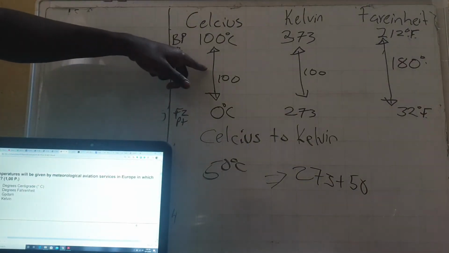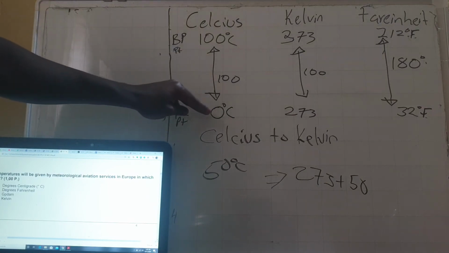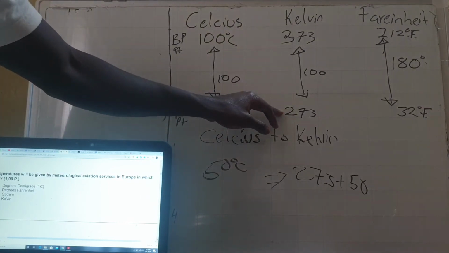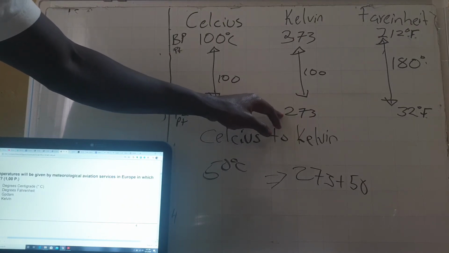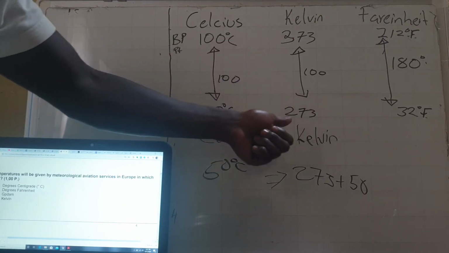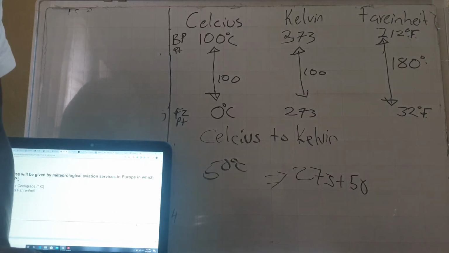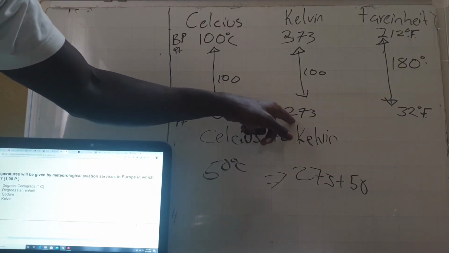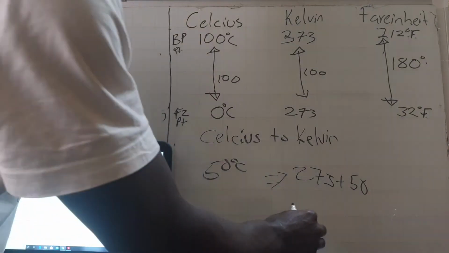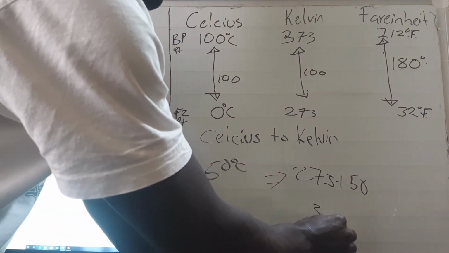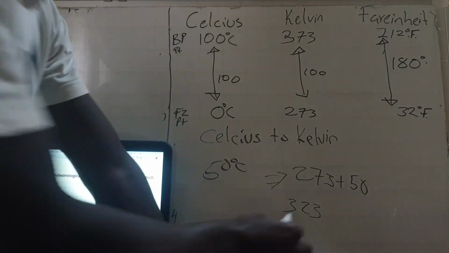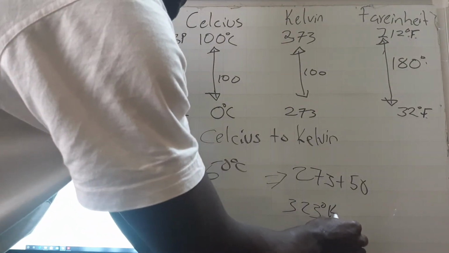Because on the Celsius scale my starting point was 0, but here my starting point is not 0, so it can't be 50 Kelvin. My starting point is 273, so I need to add 50 to 273, which comes to 323 degrees Kelvin.